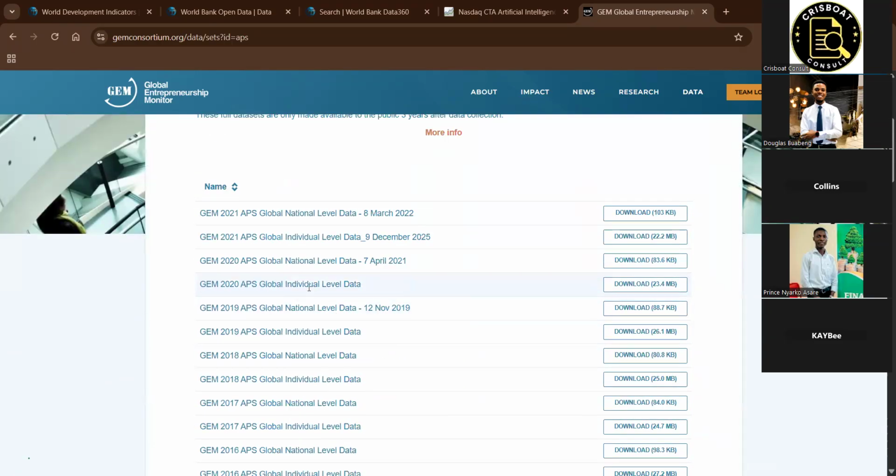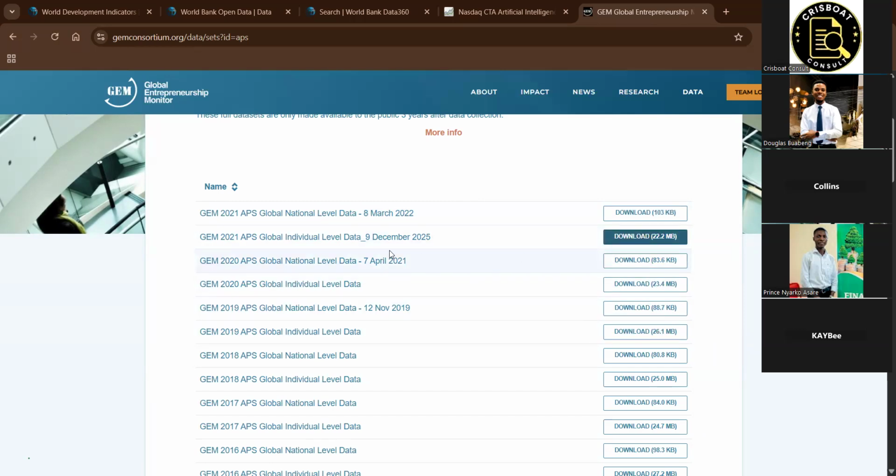The recent one they created is in 2021, which was released in March 2022. So that's the recent one. It's a huge data, but it comes in zip file format. I think I've used one before.